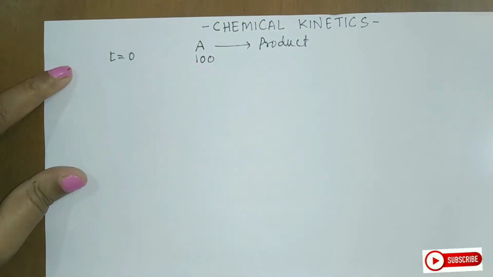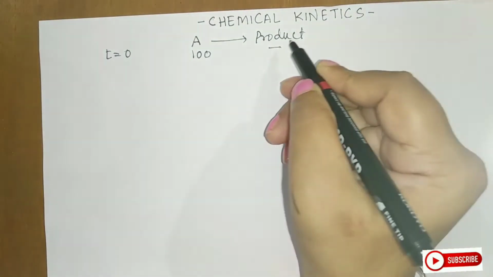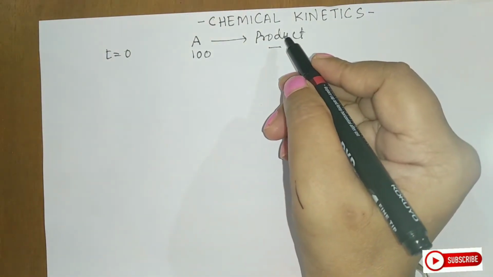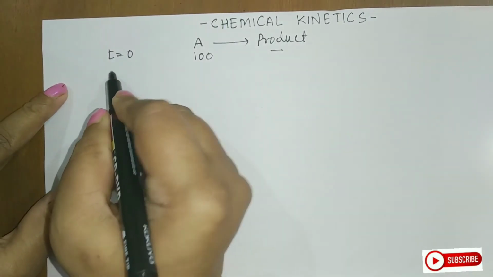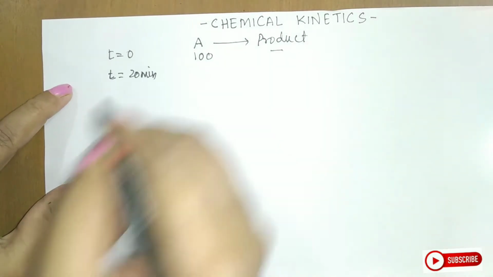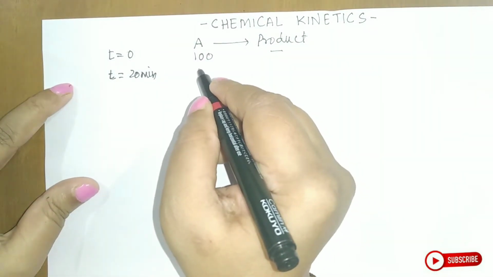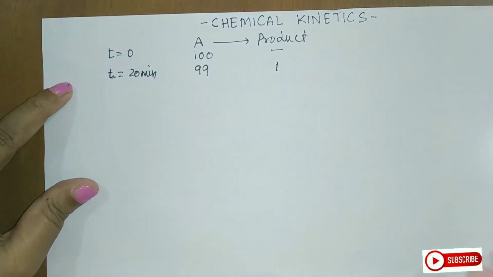gram of the reactant. At that initial time, I observed that no product is getting formed because initially the rate will be very slow. But as time passes, when the time becomes say 20 minutes, I observed that 99 gram is left here and 1 gram is getting formed.